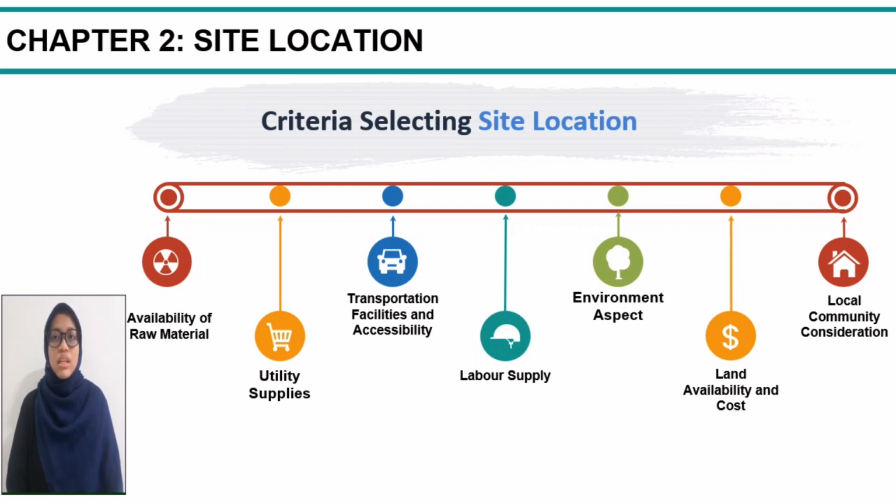For choosing a site location for the production, there are some criteria that need to be considered, which are availability of raw material, which is oxygen and ammonia, utilities supply such as water supply and power supply, transportation facilities and accessibility, estimated labor supply available in the area, environmental safety aspect, which includes the buffer zone of the area from the community residential area, land availability and cost, which are the size of the land and the price available, and lastly, the local community consideration must be given to the safe location of the plant so that it does not impose a significant additional risk to the community.